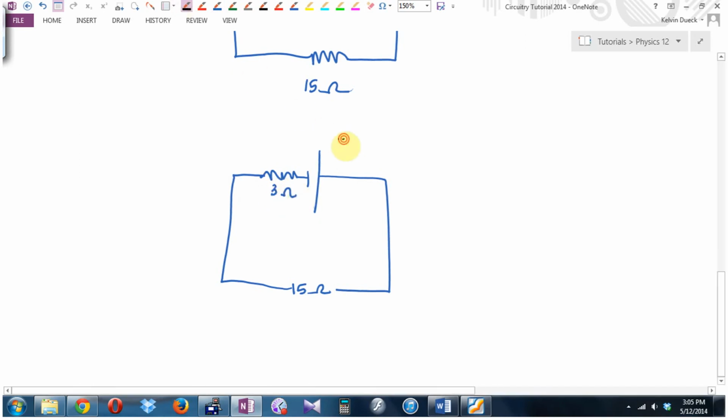And I tell you that the voltage is still 30. The terminal voltage is still 30. And I tell you that we have 2 amps going through this circuit. Is that okay so far? How many volts do we lose in this bottom resistor?